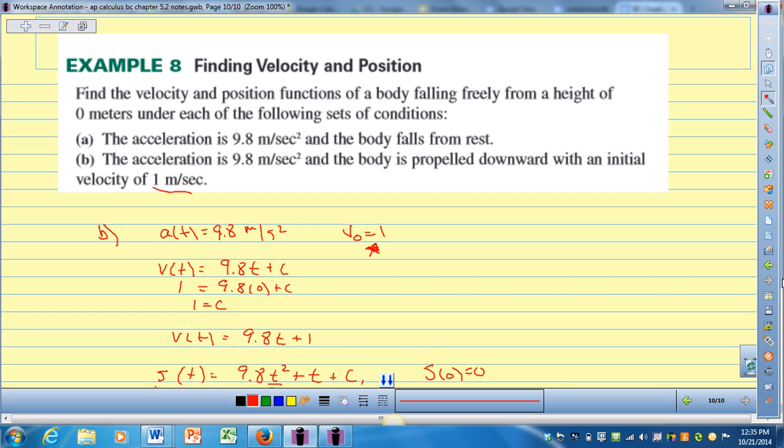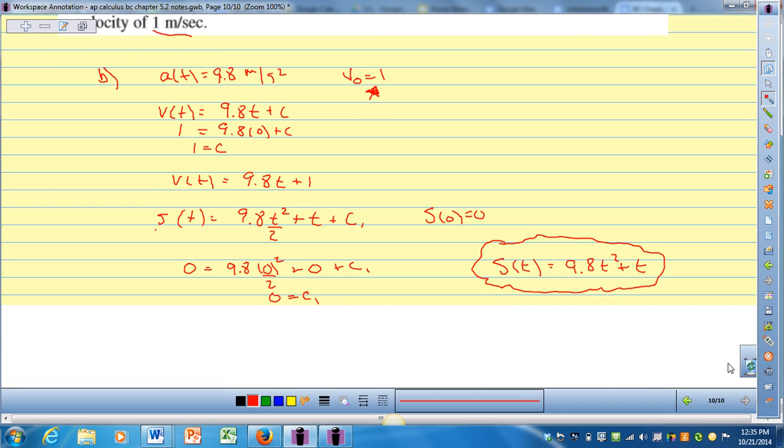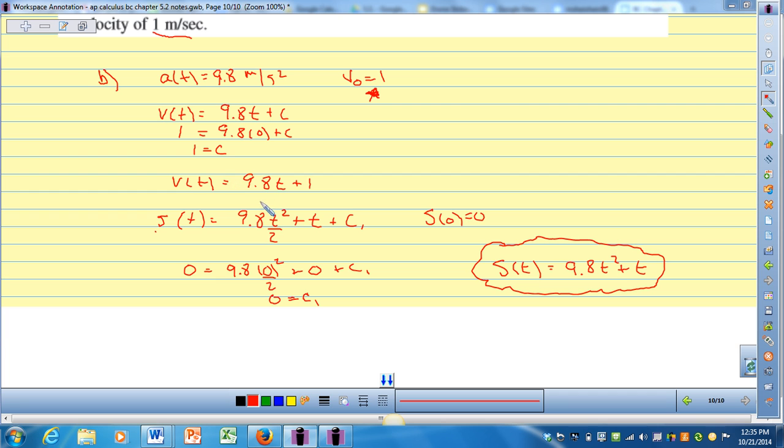We aren't looking for velocity, we're actually looking for position. So we need to go through that anti-differentiation process one more time, and again I'm going to step through it. So if I took a derivative of something, and the answer came out to be 9.8t, well then it had a constant out in front, and what did I start with to get t as my derivative? Well, we know the derivative of t squared is 2t.